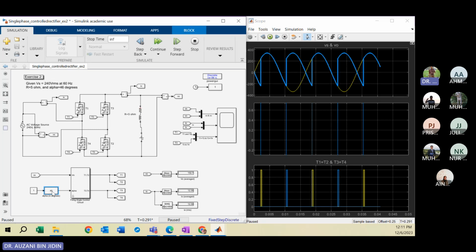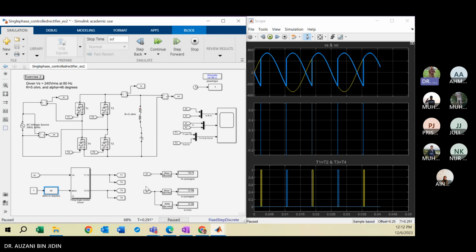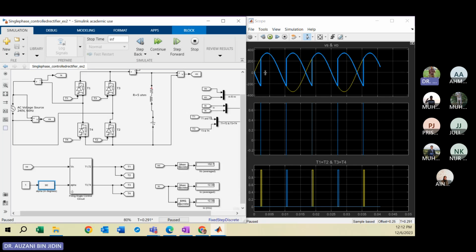Okay, how about when you set the angle to 90? Remember, for 45 degrees, your converter operates as a rectifier. And at 90 degrees, your output voltage component will be 0, because the positive and negative areas have the same value. Let's verify.